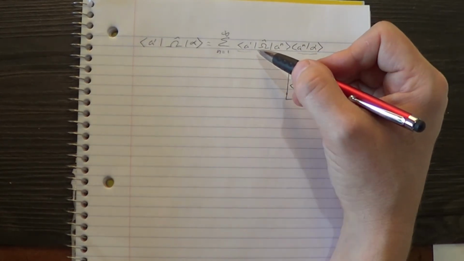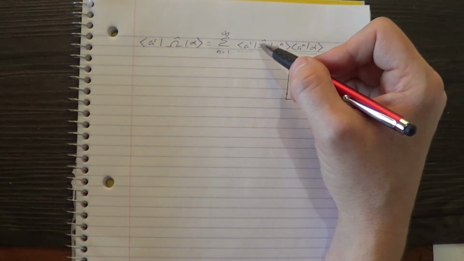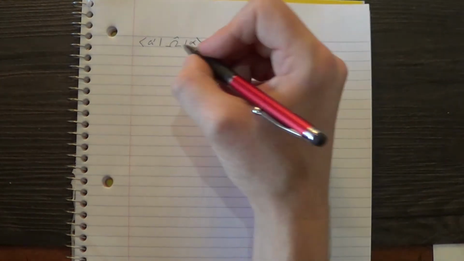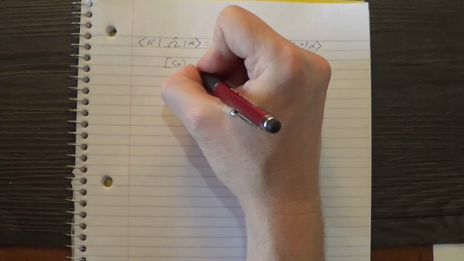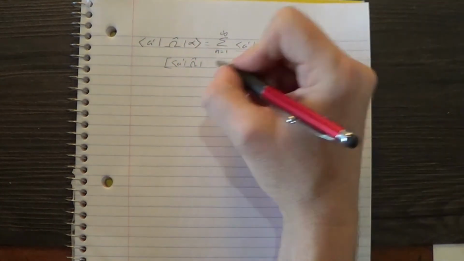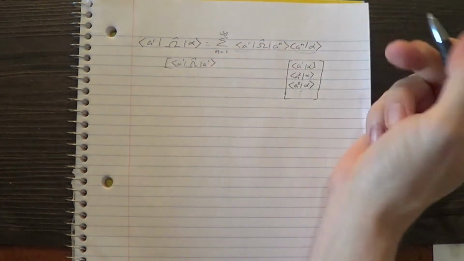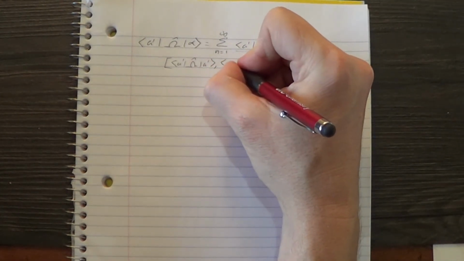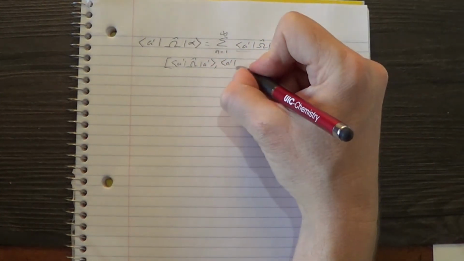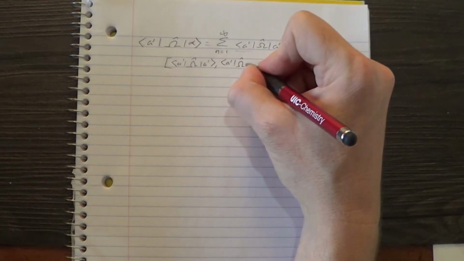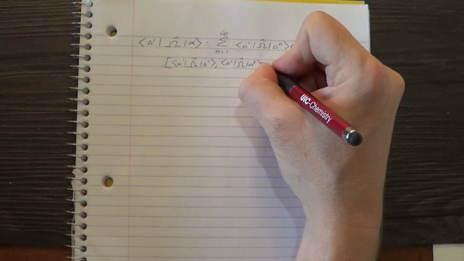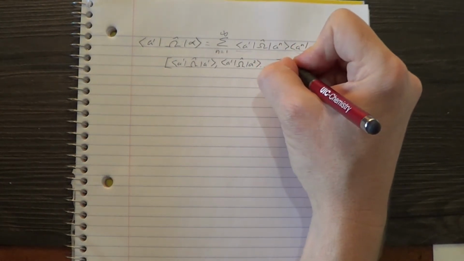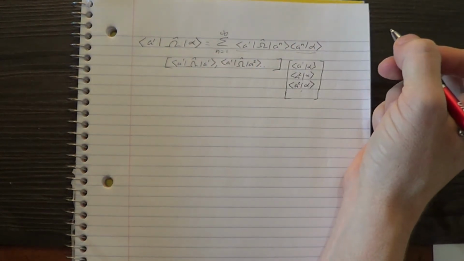Okay, so what does that look like? Let's see here. This would be A1, operator, A1. Now again, a ket increases to the right. Okay, so there you go.